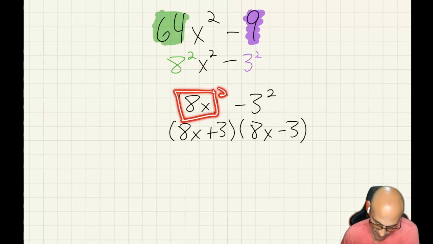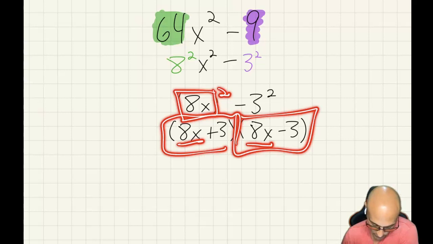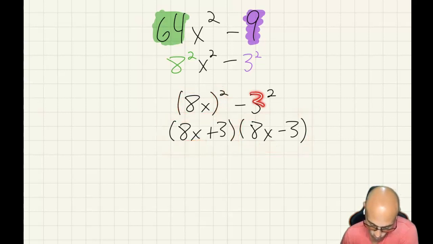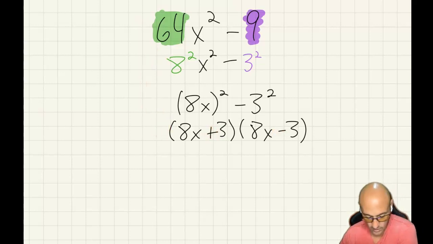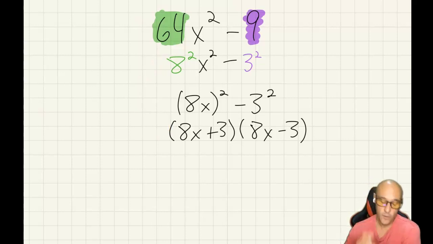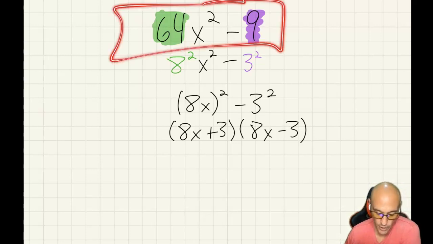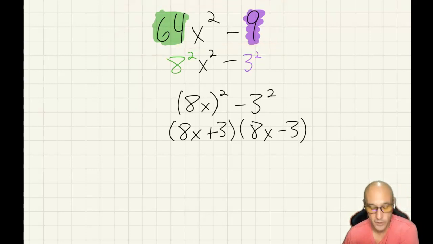Whatever is squared here is the first term in the two binomials, and whatever is squared here is the second term in the binomials. And one of the binomials has addition and one has subtraction. So this is how we factor a difference of squares. Now, if you look at this problem and you notice that it is a difference of squares, then you could rewrite it like that immediately, and I would be perfectly fine with that.